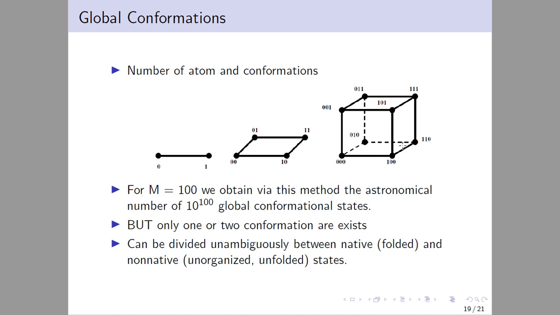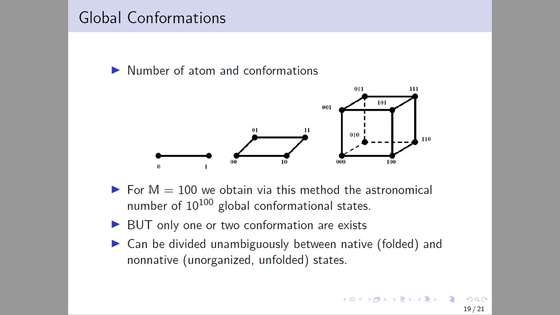If we have 3, you can see here we have 2 to the power of 0, 2 to the power of 1, 2 2, 2 3. So we have these conformations.